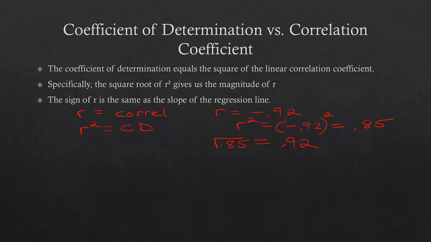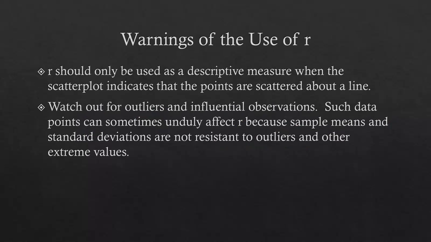So because the slope is negative, we automatically know that R, our correlation coefficient, will be negative as well. If you're going from the coefficient of determination, take the square root, but look at your regression line and make sure you know the sign of the slope, so that you can make that sign one and the same.